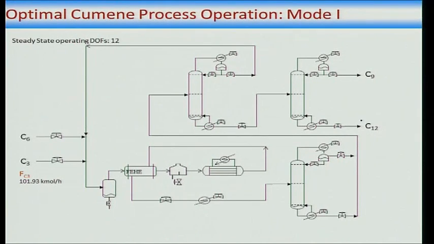Now, if I am given a throughput, and I optimize the degrees of freedom that I have, what I find is V2 max should be active, the column should be operated at maximum boil up, P reactor max should be active, and also this should be active.